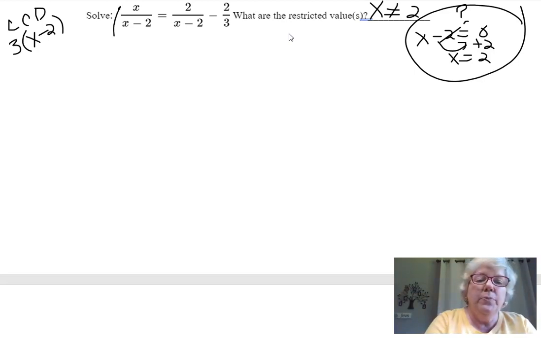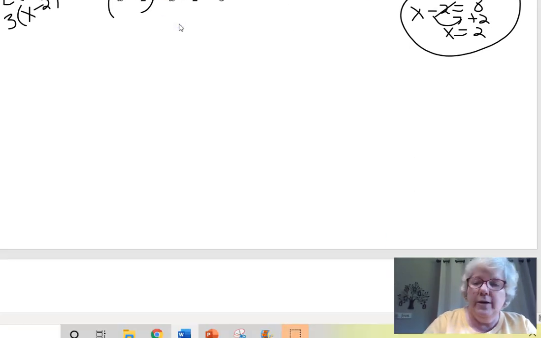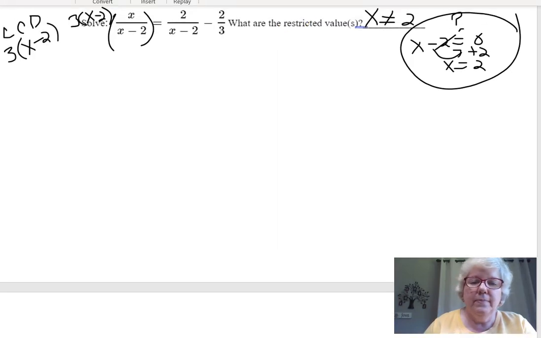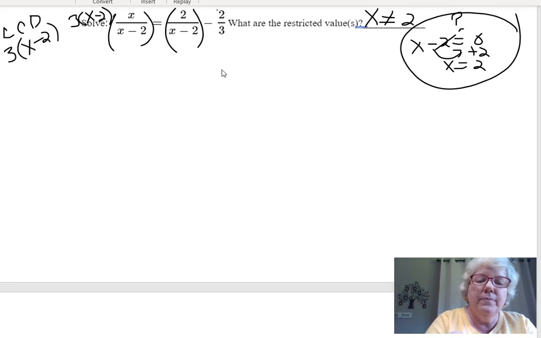So I'm going to put 3(x minus 2) beside each one of these fractions. Kind of squeezing it in here.